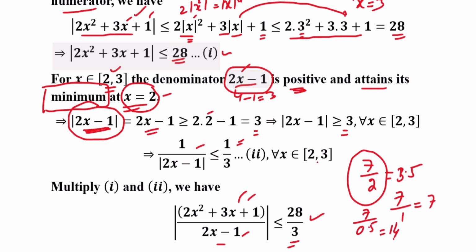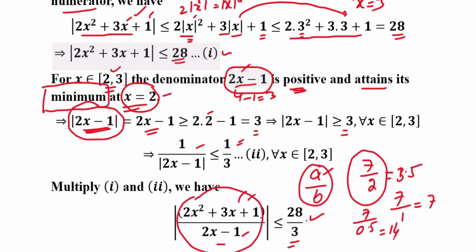So if you want to find the maximum value of the whole fraction, you will maximize the numerator as much as possible, and at the same time decrease the denominator as much as possible. That's why we find the maximum value of the numerator and the minimum value of the denominator. In this case, the whole fraction will have the maximum value.